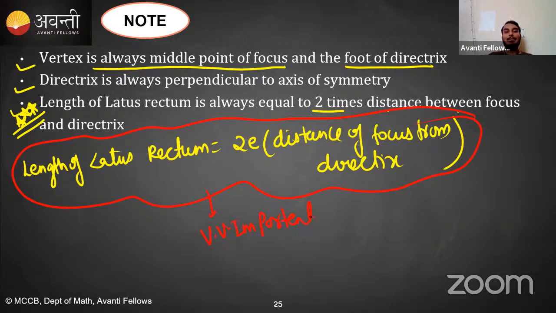Okay, in ellipse and hyperbola, e will not be 1; e will be either less than 1 or greater than 1. Yes or no? So in that case also, how are we going to find the length of latus rectum? 2e times the distance of focus from directrix.